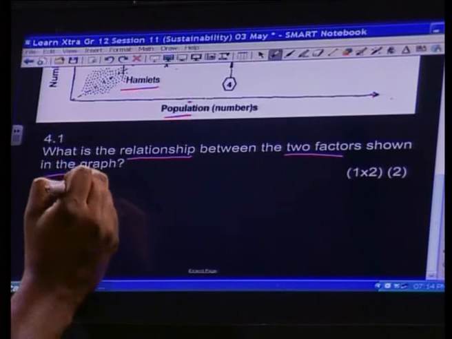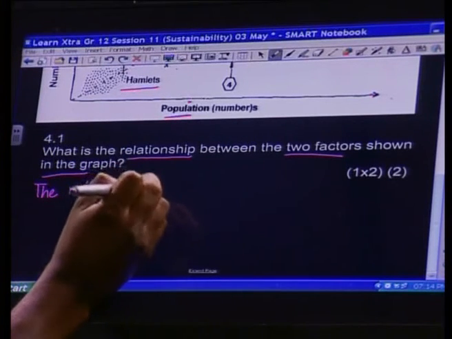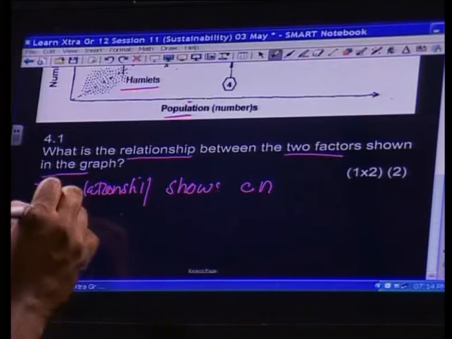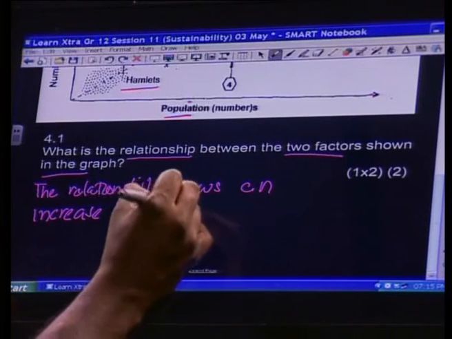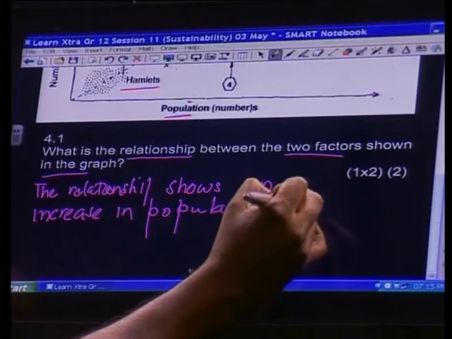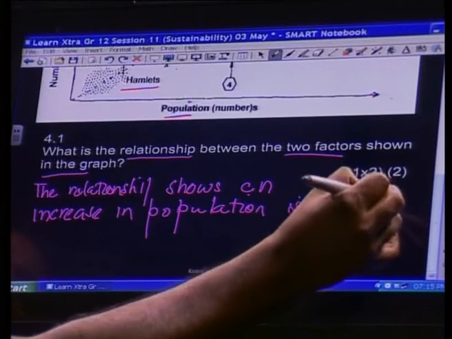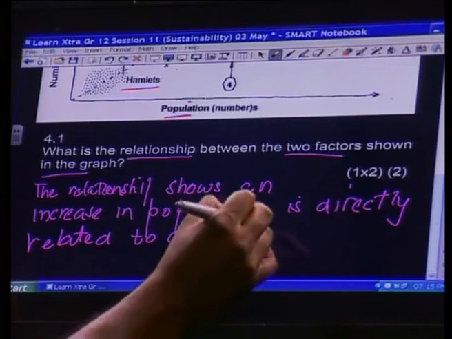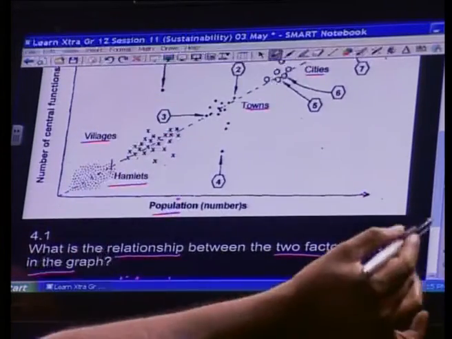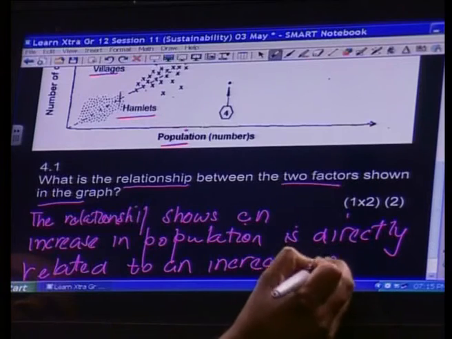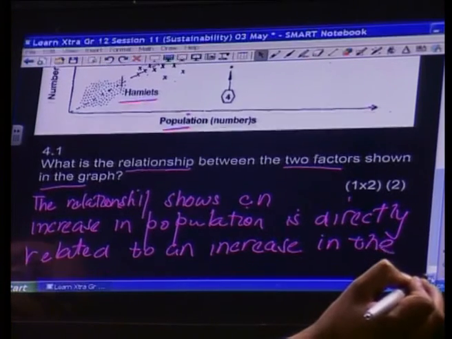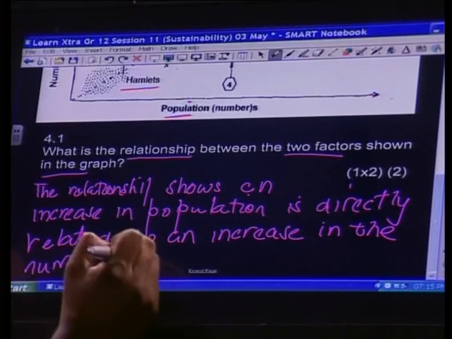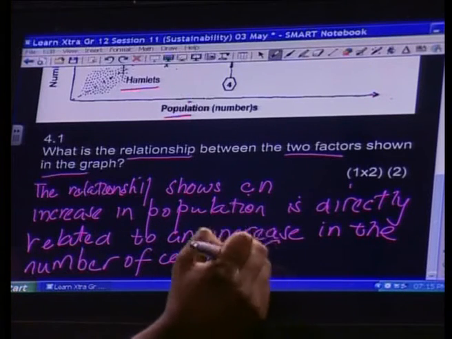The relationship shows an increase in population is directly related to an increase in the number of central functions.